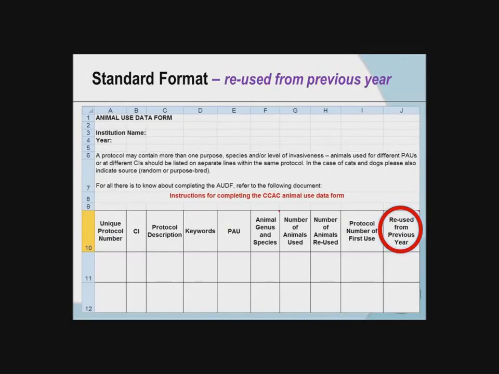Now this next element is not something that we actually require, and that's the number of animals reused from a previous year. We're interested in just publishing numbers of animals used within a calendar year to make it clear for the public.